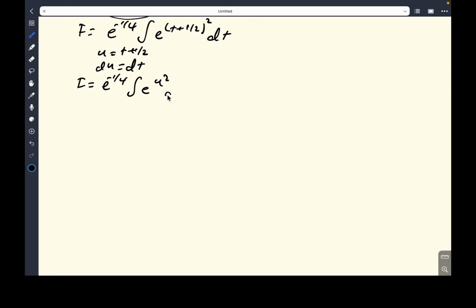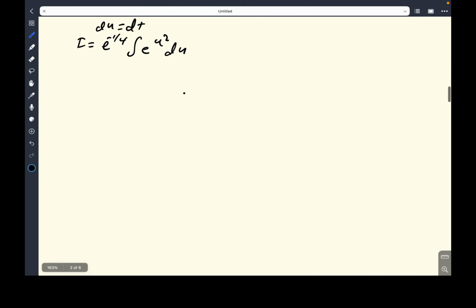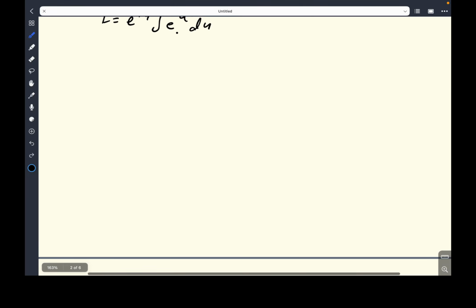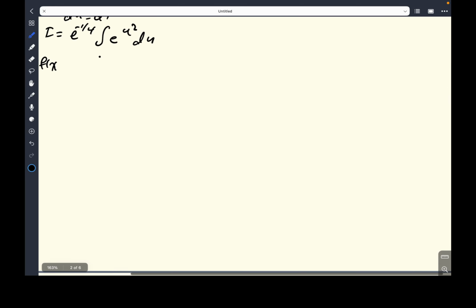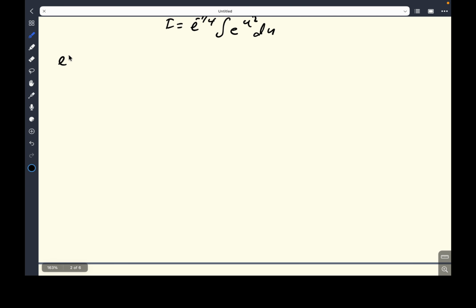My dt is du. Now recall that the error function, because we need the error function to define this creature here. Erf of x, let me write it from here because this is going to be pretty long. Erf of x equals 2 over root pi times the integral from 0 to x of e to the negative t squared dt.